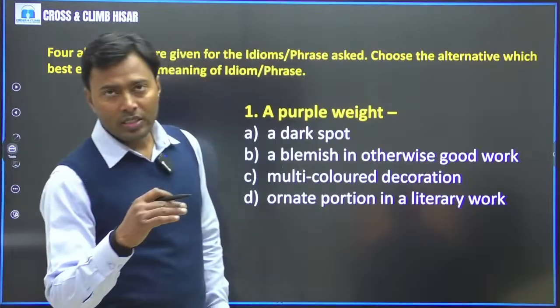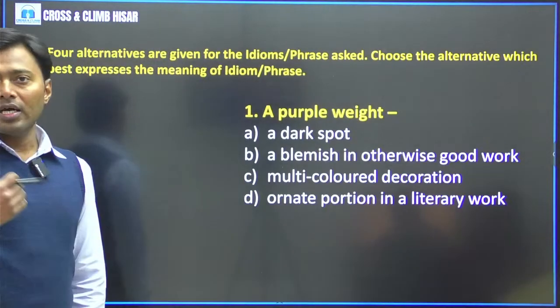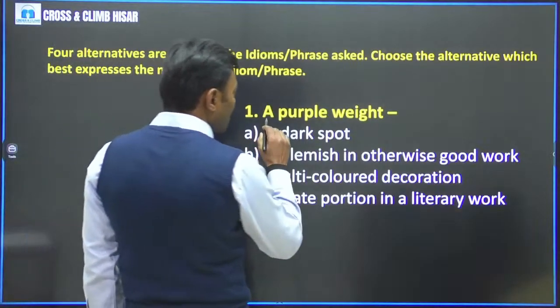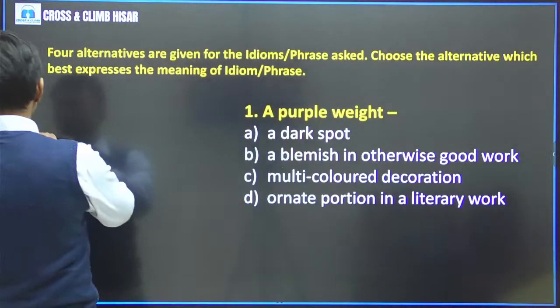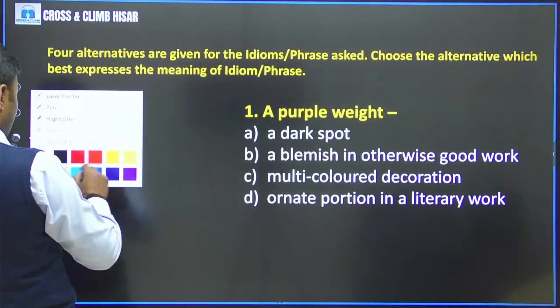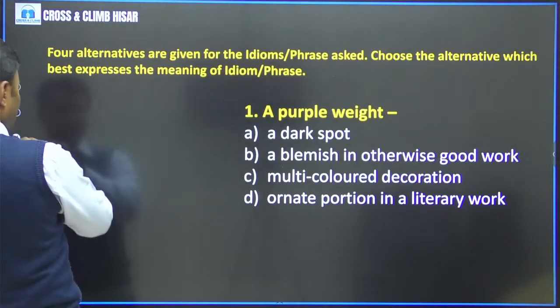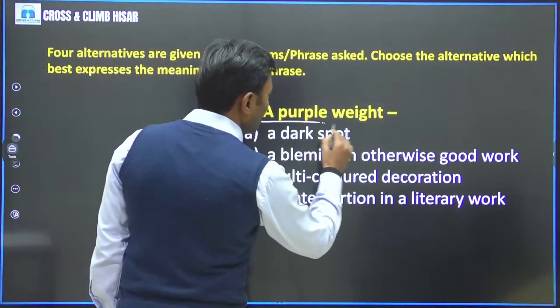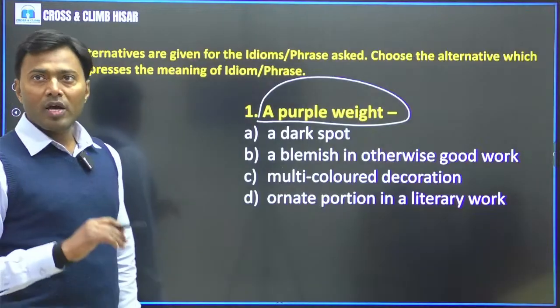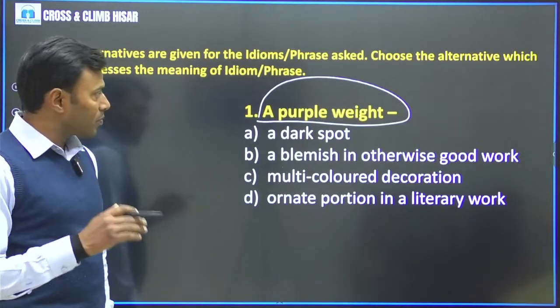If you could answer, well and fine, otherwise I'll explain. So the first phrase that is used here is a purple patch. Do you have any idea what actually the purple patch means?